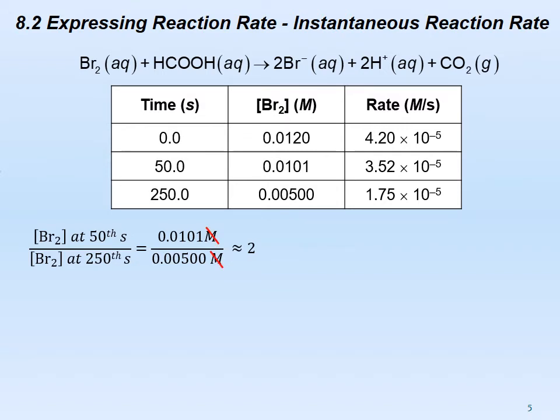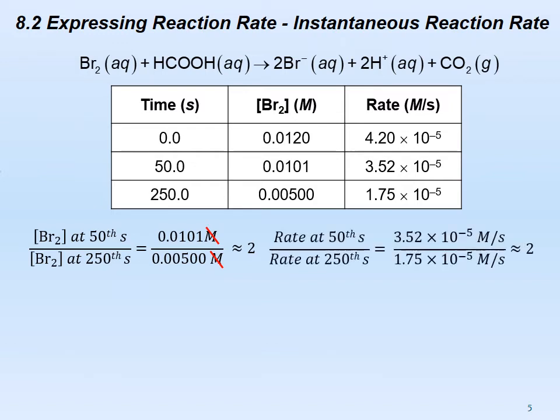When we divide the instantaneous rate at the 50th second by the instantaneous rate at the 250th second, that is 3.52 times 10 to the power of negative 5 molar per second, divided by 1.75 times 10 to the power of negative 5 molar per second, we get roughly 2 as well.